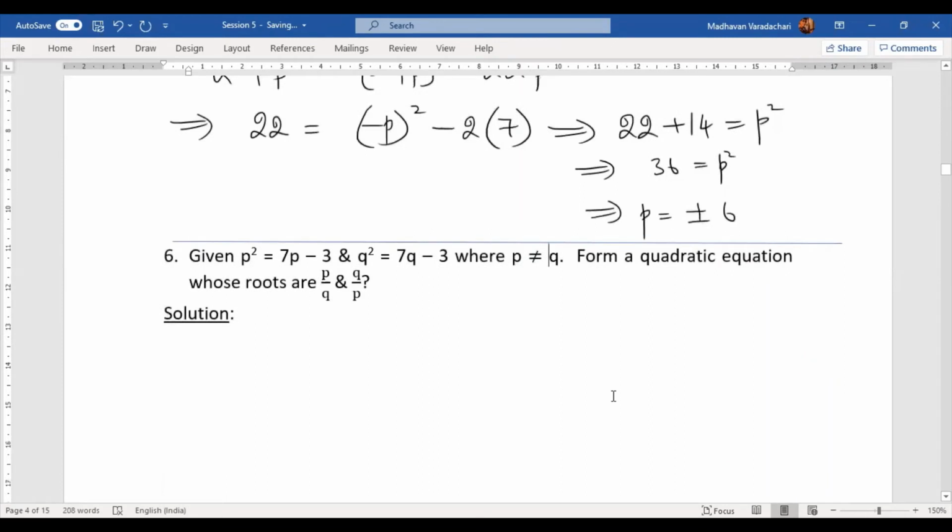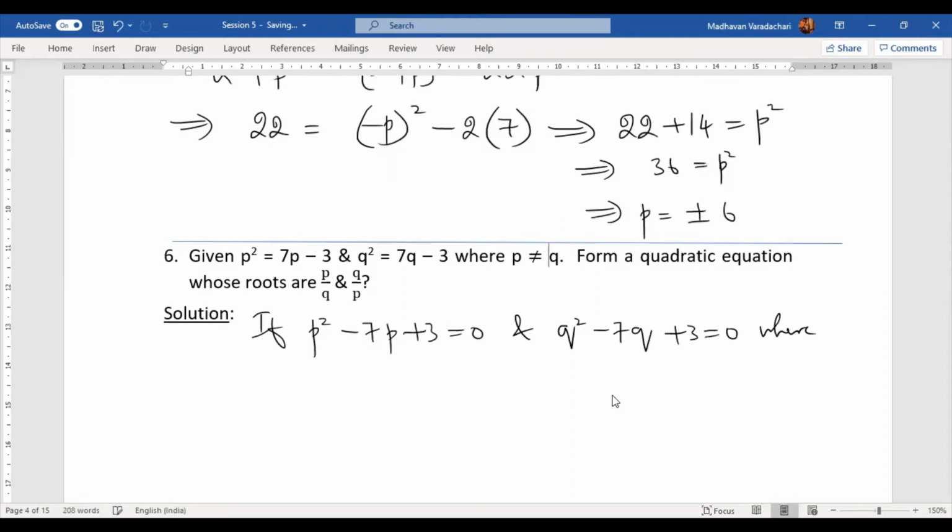So if p square minus 7p plus 3 equal to 0 and q square minus 7q plus 3 equal to 0, where p not equal to q, then I can say what I did. I just took these terms to the left side. So this becomes negative, this became positive. Same thing I wrote.